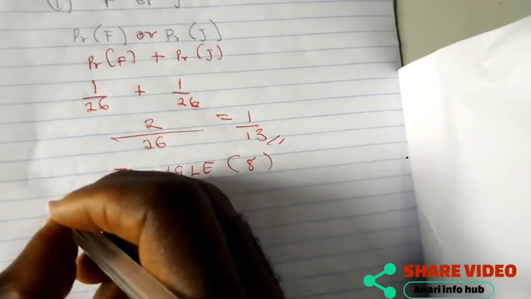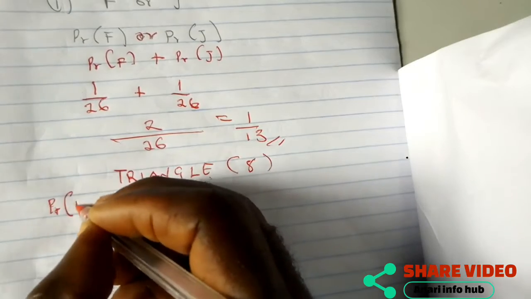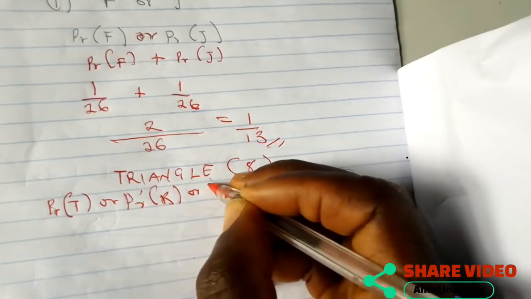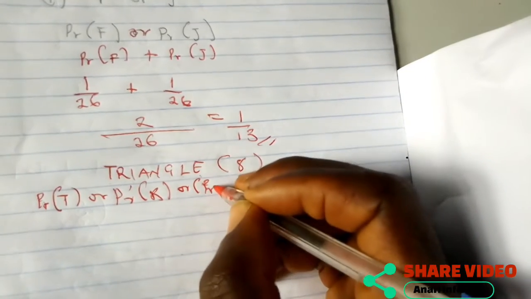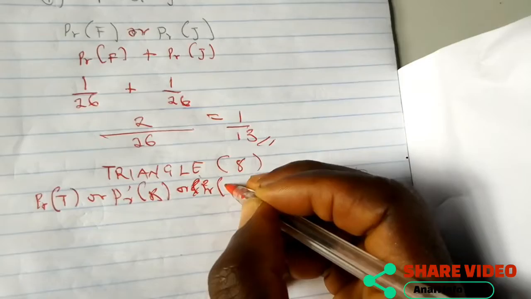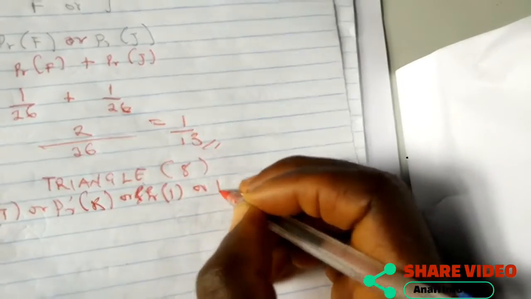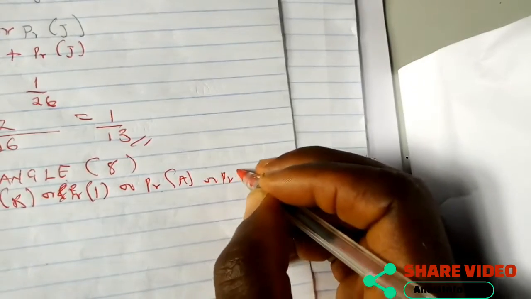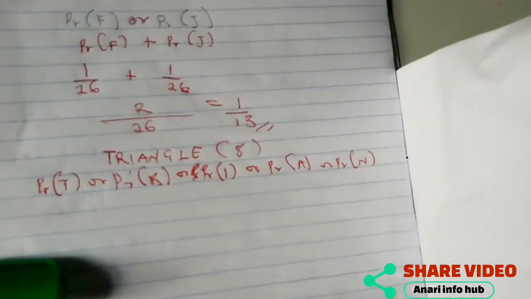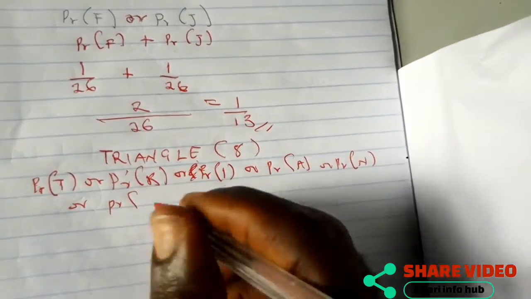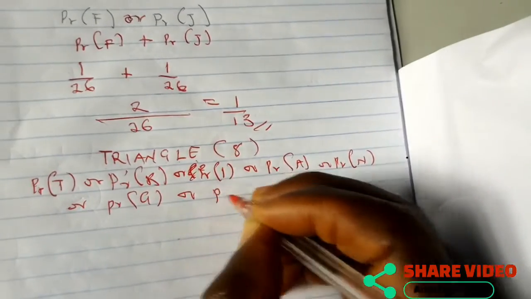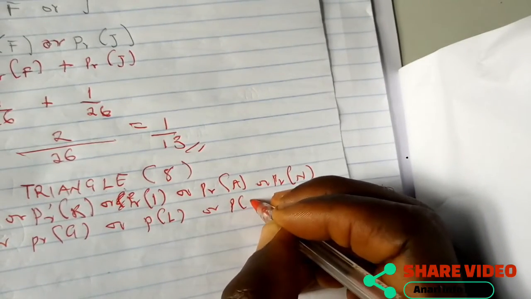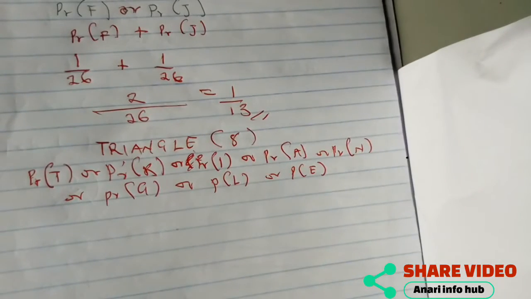This will mean the probability that it is T, or the probability that it is R, or the probability that it is I, or A, or N, or the probability that it is a G, or an L, or an E. That is what it means.